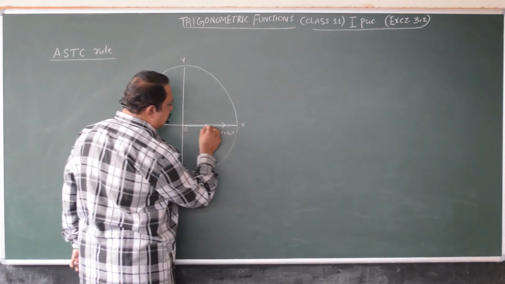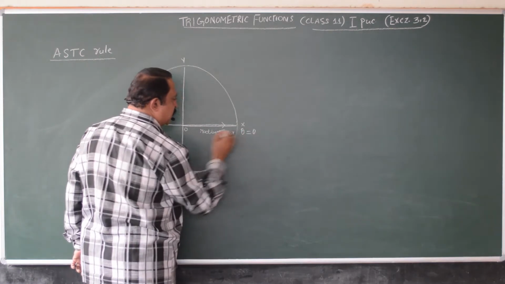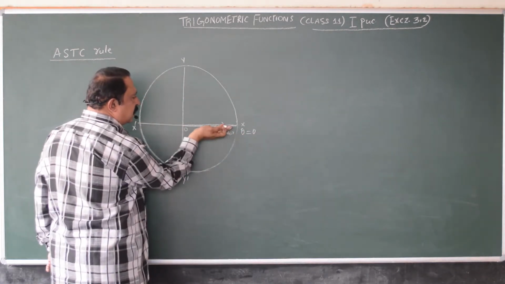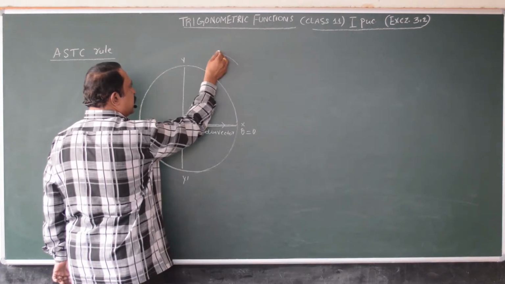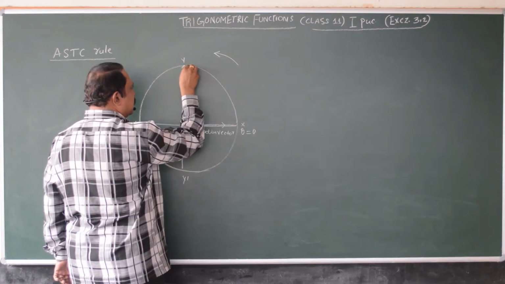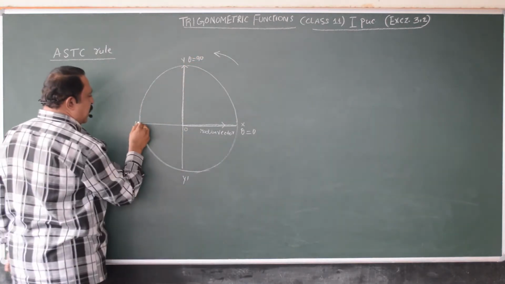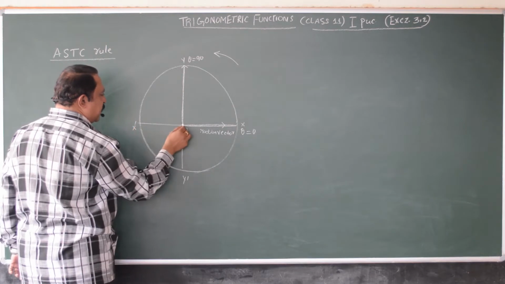Now, when the radius vector is along the x-axis, the angle is 0. When the radius vector starts rotating in the anti-clockwise direction and comes to the y-axis, the angle is 90 degrees.